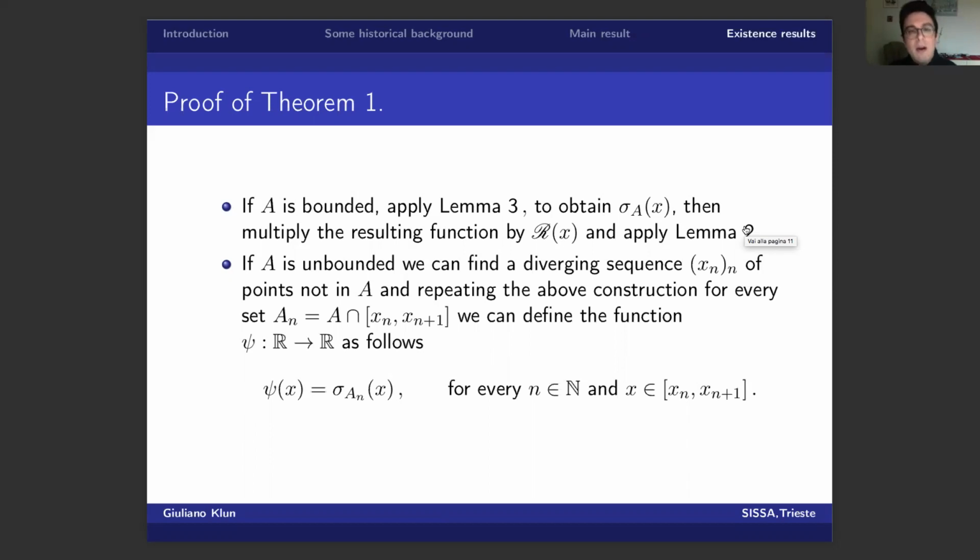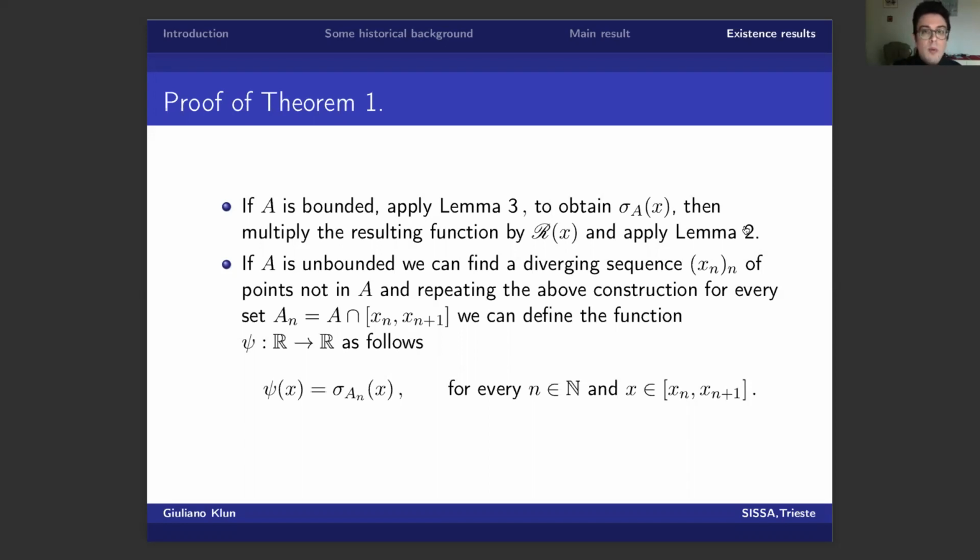Where sigma A is not zero, multiplication by R of x gives that the lower left Dini derivative is minus infinity and the upper right is plus infinity. Where sigma A is 0, multiplication by R duplicates the Dini derivatives at that point, but by construction, the Dini derivatives of sigma A are already minus infinity the lower left and plus infinity the upper right.